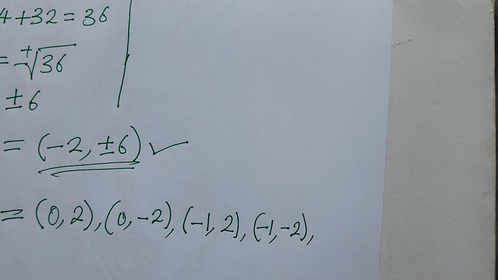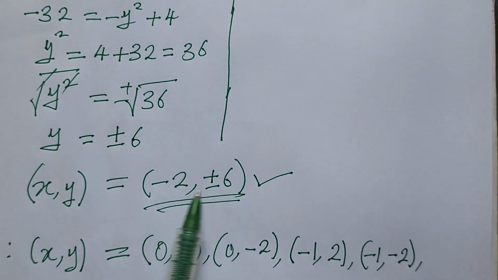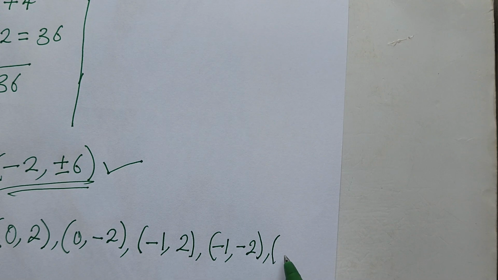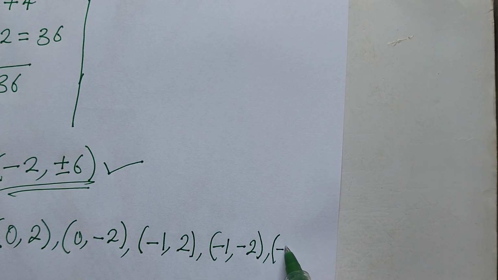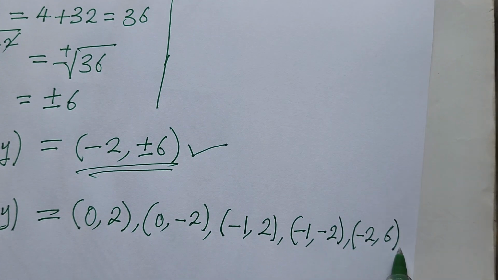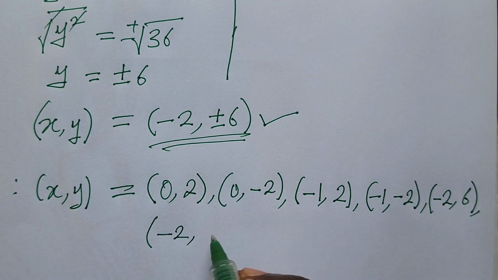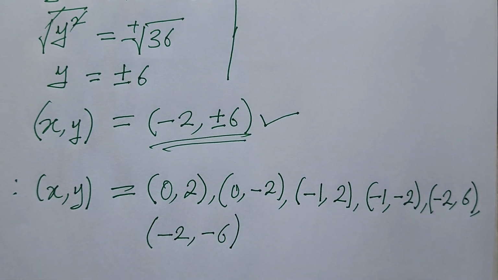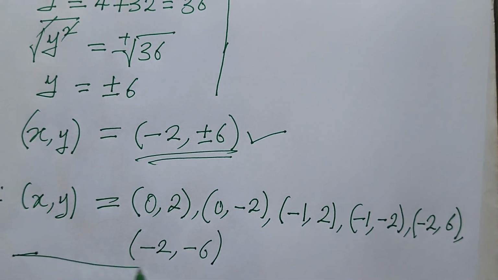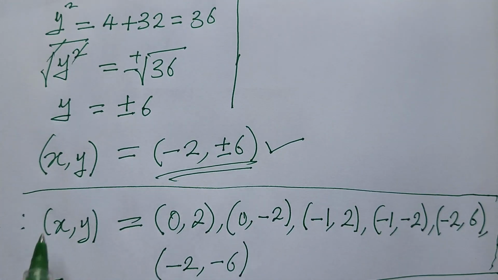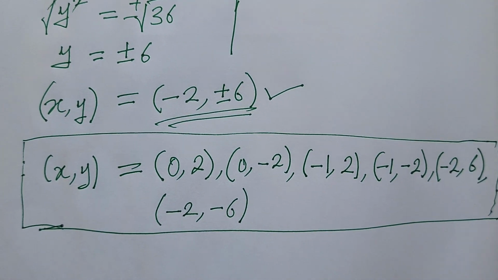Then the last one we have is (minus 2, positive 6) and (minus 2, minus 6). All right, so these are the pairs of x and y that will satisfy this original equation.